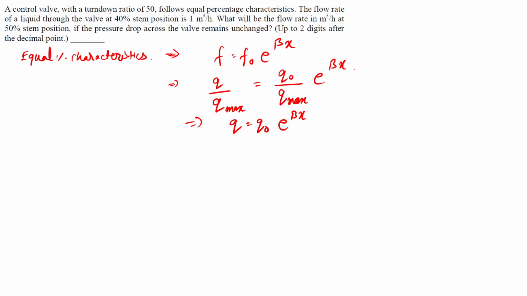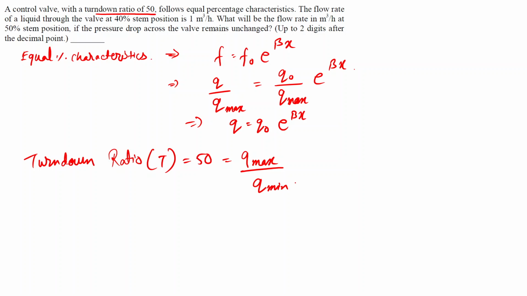The other thing we have been given is a turn down ratio of 50. Let us denote this turn down ratio by T, and it is given as 50. So turn down ratio is defined as the ratio of the maximum flow possible through the valve upon the minimum flow, that is Q max upon Q minimum.